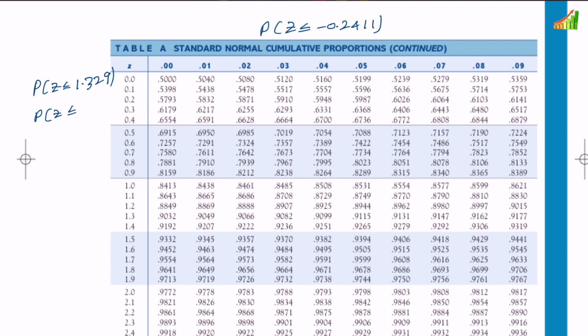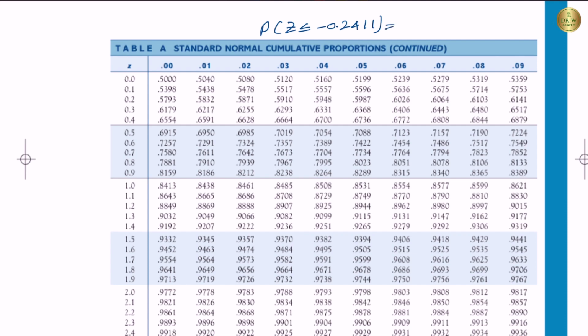Round this number to 2 decimal places, then 1.33. Then go to the 1.3 here, then 0.03 is here, then the probability is the number at the intersection.